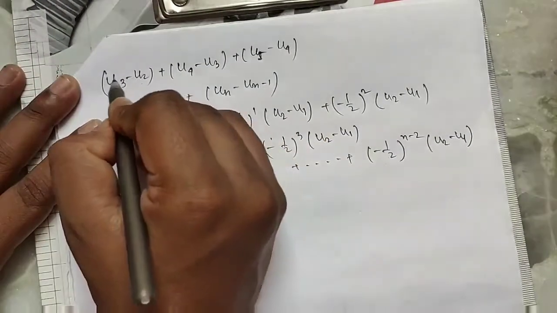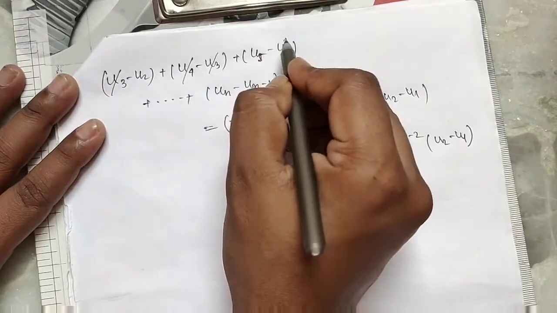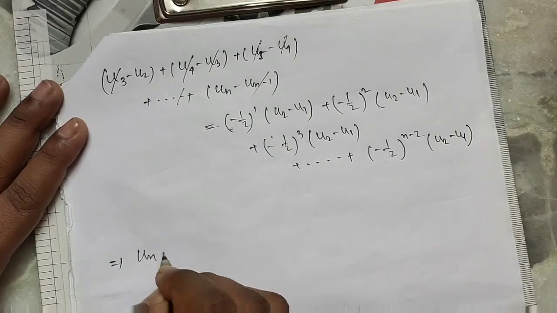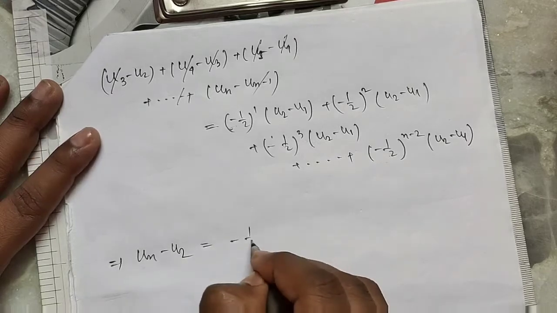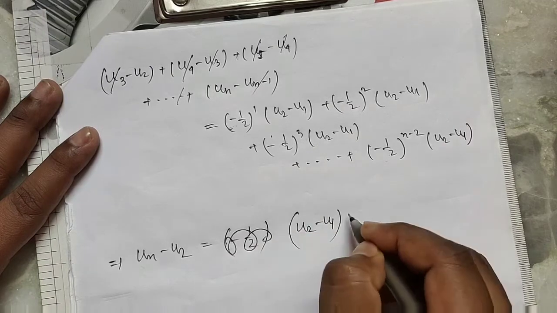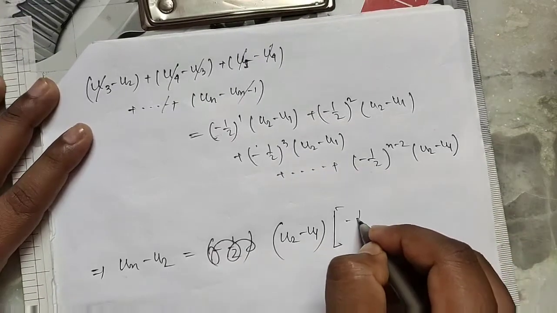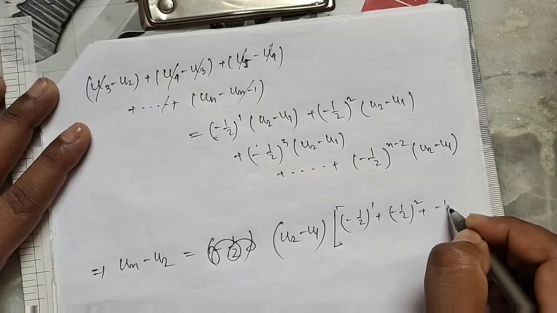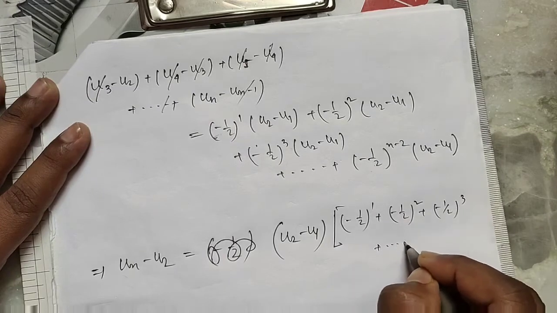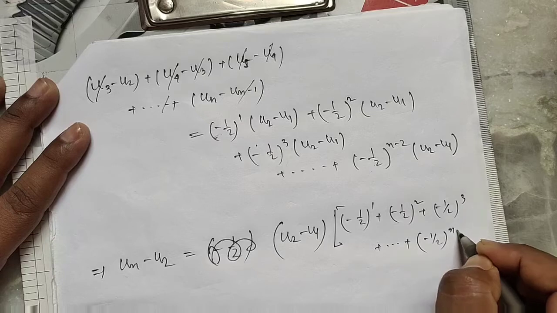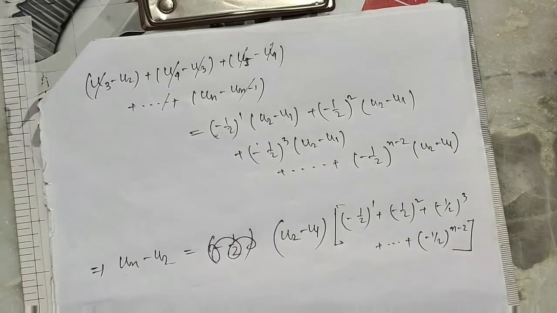So if we add this, only we have un minus u2 equal to (u2 minus u1), which is common, times minus half to the power 1 plus minus half square plus minus half cube plus ... plus minus half to the power n minus 2. Clear?